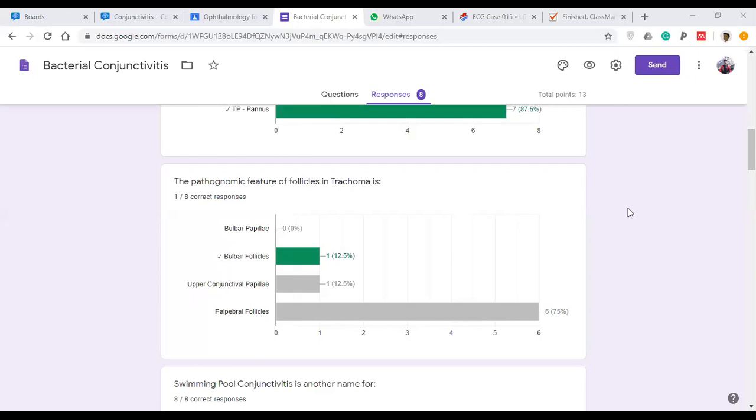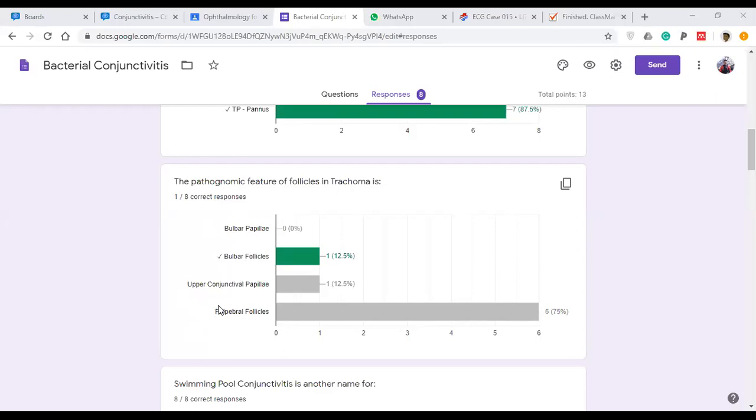Meaning that in all cases, follicles can appear in both the conjunctivae. But in this MCQ, there is no such description mentioned.